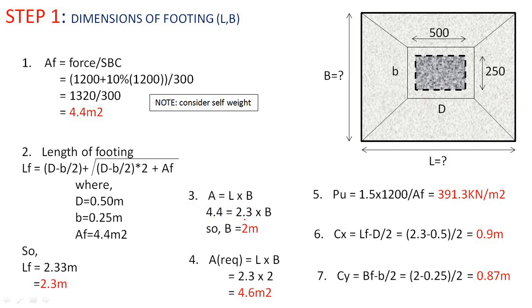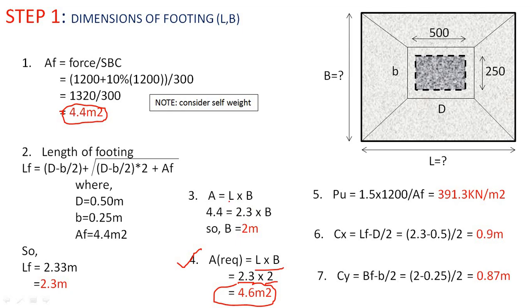Now we have found the length and width, so we find the area required. The first point was the area provided, so this is the area required. Fourth step, the area required is LF into BF. LF is 2.3 and the width is 2, so we have the area as 4.6 meter square, which is more than the 4.4 provided, which is okay.